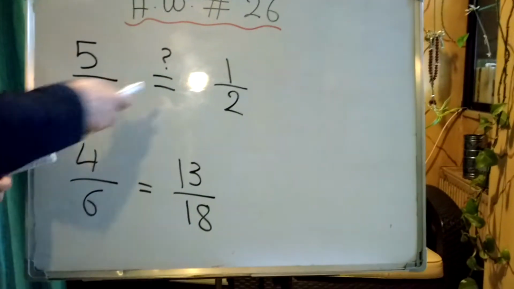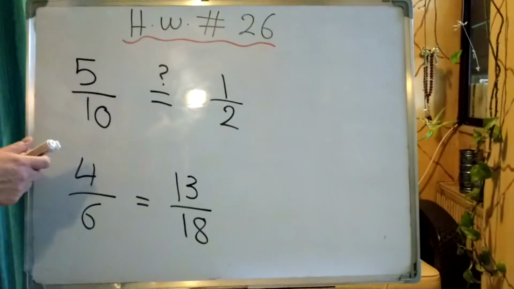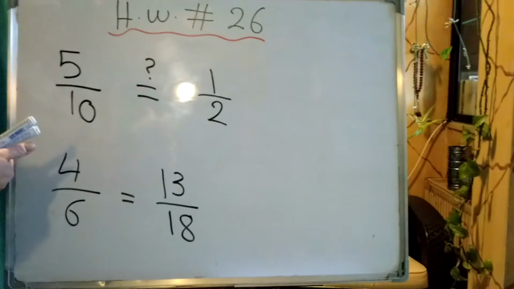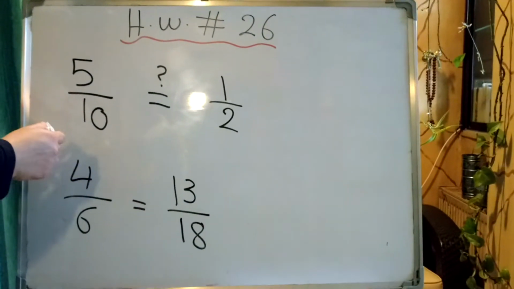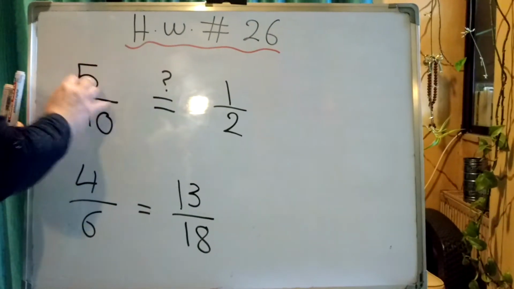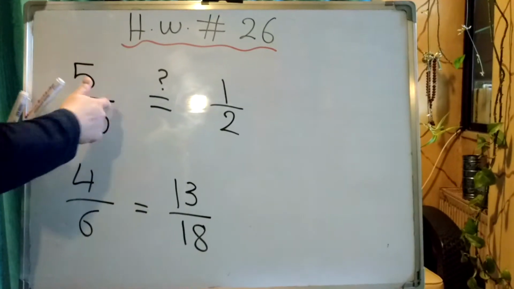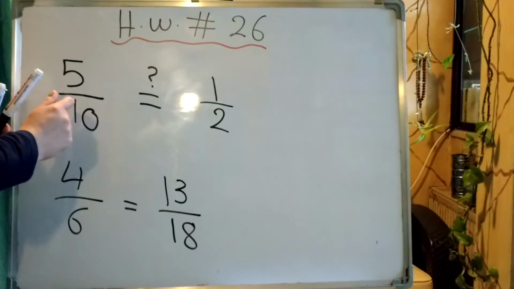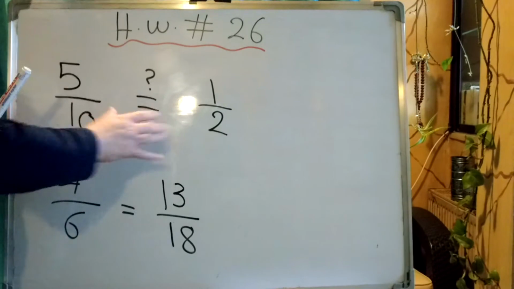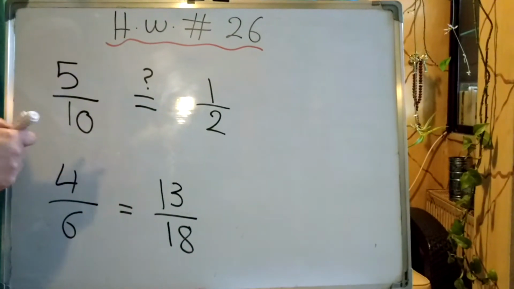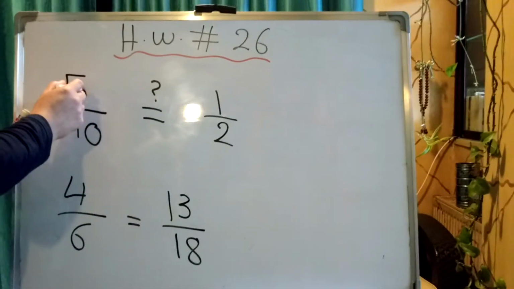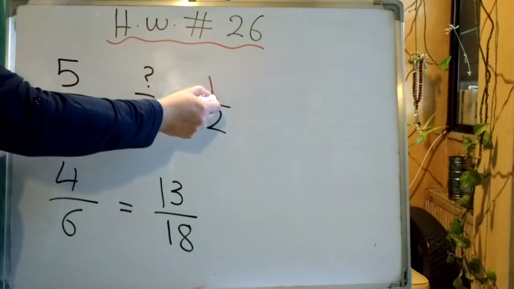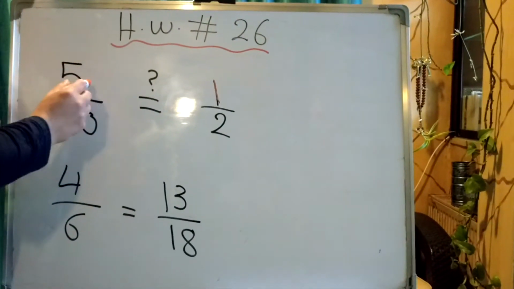I will solve homework 26 with you, which was about equivalent fractions. You have these two fractions, 5/10 and 1/2, and we ask if these two fractions are equivalent. We ask ourselves, how can we make the 5 equal to 1? You can use division right here.